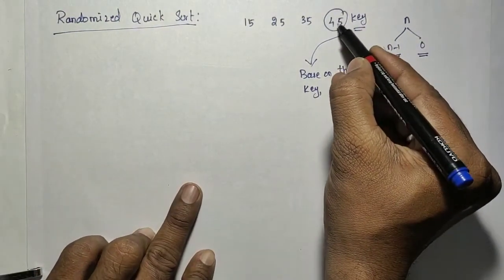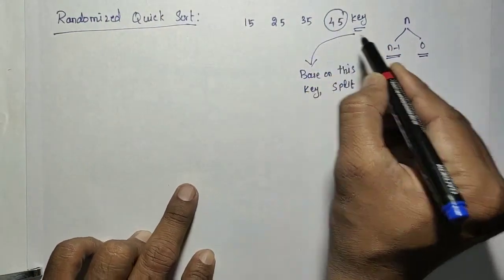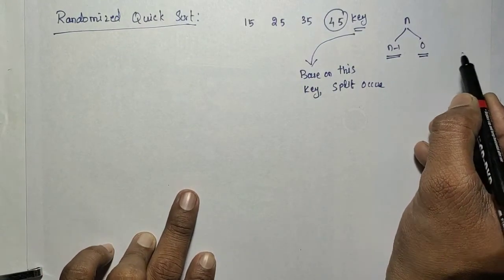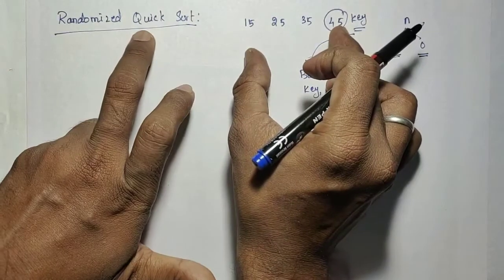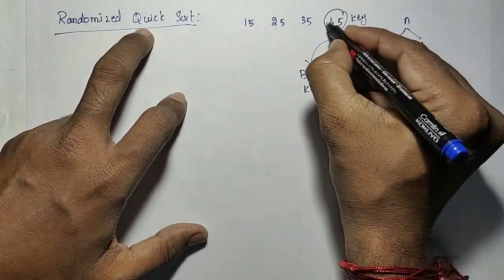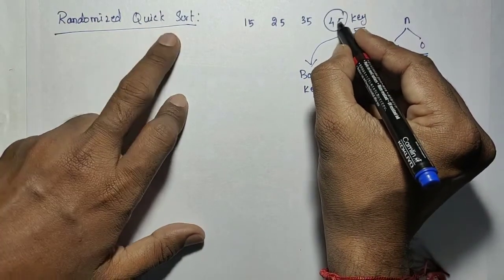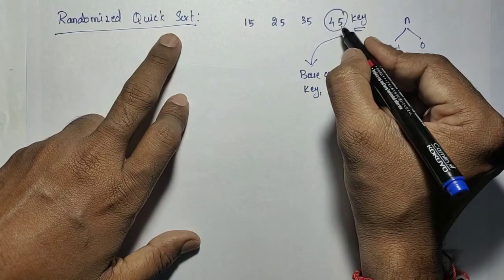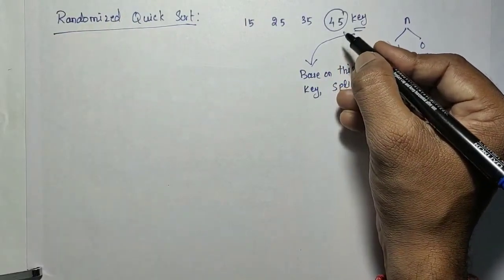Since the key element is the greatest element in the list, the split occurs as n minus 1 and 0. So this is the problem in quicksort, and it lies in choosing the key element. Our algorithm always chooses the last element as the key element.